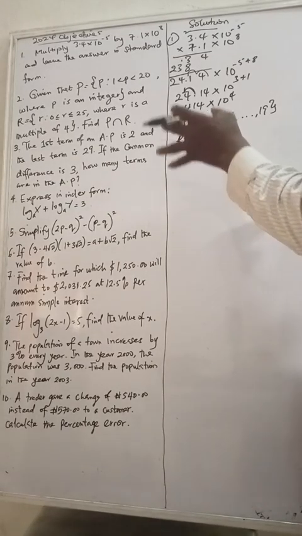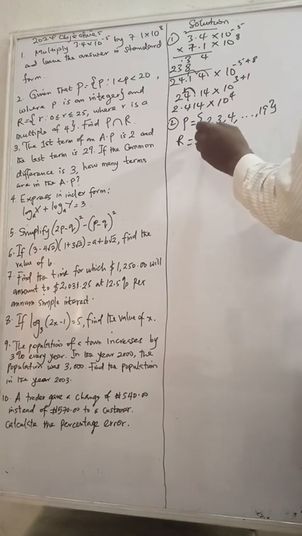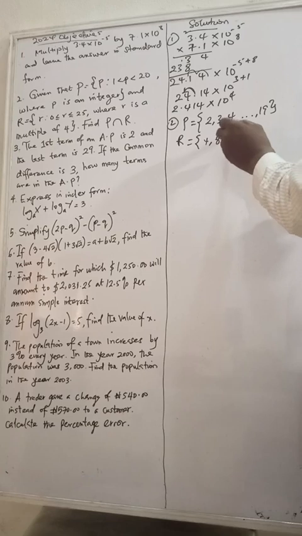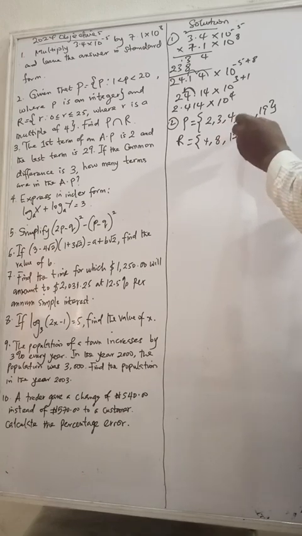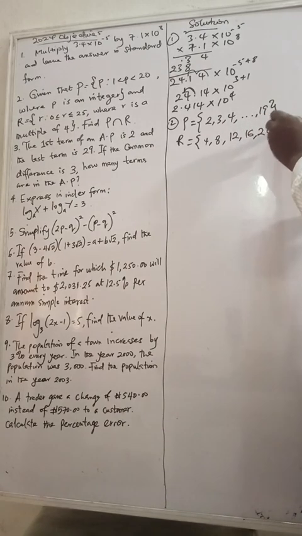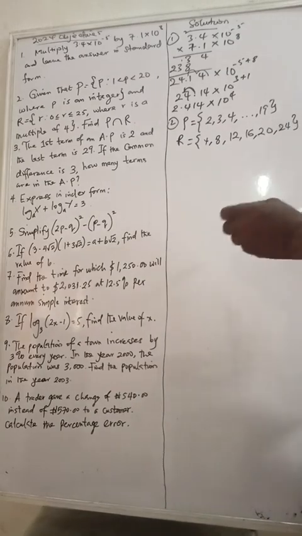The least multiple of 4 starts from 4, which is 4 times 1, then 4 times 2, 8, 4 times 3, that is 12, 4 times 4, 16, 4 times 5, 20, 4 times 6, 24.